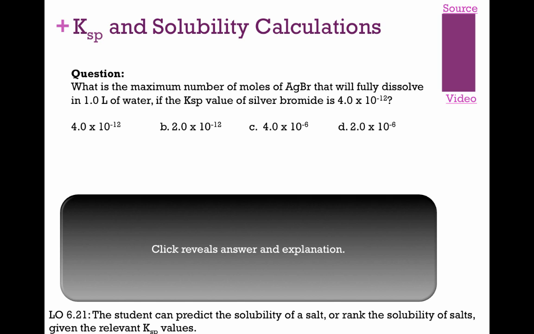So, this example says: what's the maximum number of moles of AgBr that will fully dissolve in 1 liter of water if the Ksp value of silver bromide is 4 times 10 to the negative 12th?